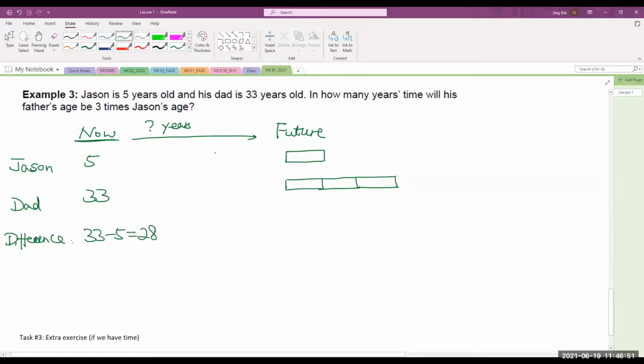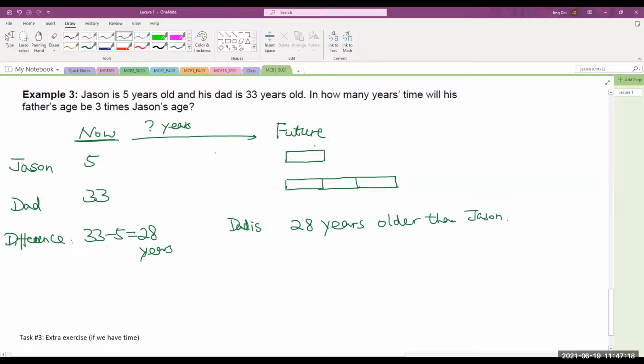So the difference is always going to be 28 years, okay? And that's not going to change. And we can safely write here the difference in the future is 28 years as well. So dad is 28 years older than Jason in the future, okay?